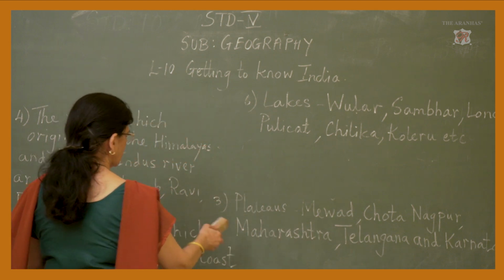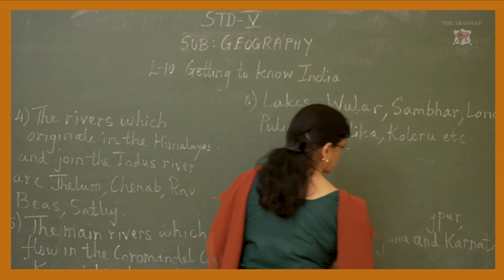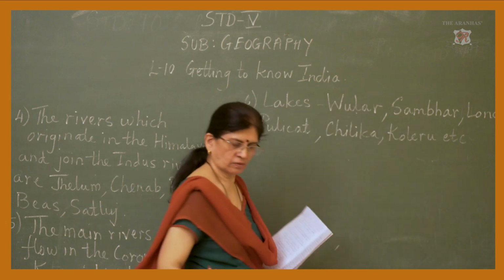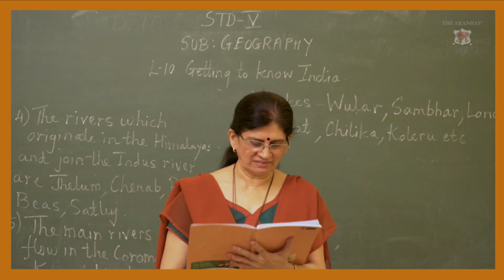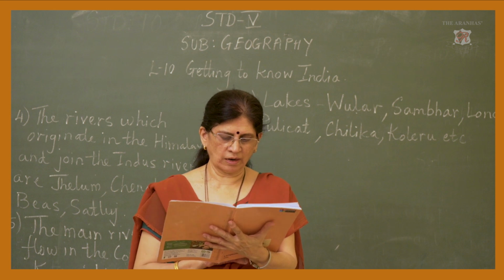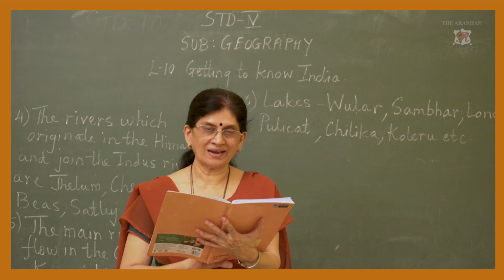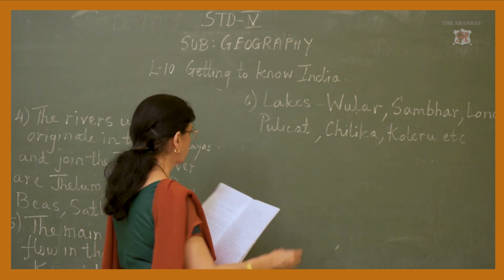Now Gulf. What is a Gulf? When a part of an ocean or sea is surrounded or enclosed by land, it is called a gulf.